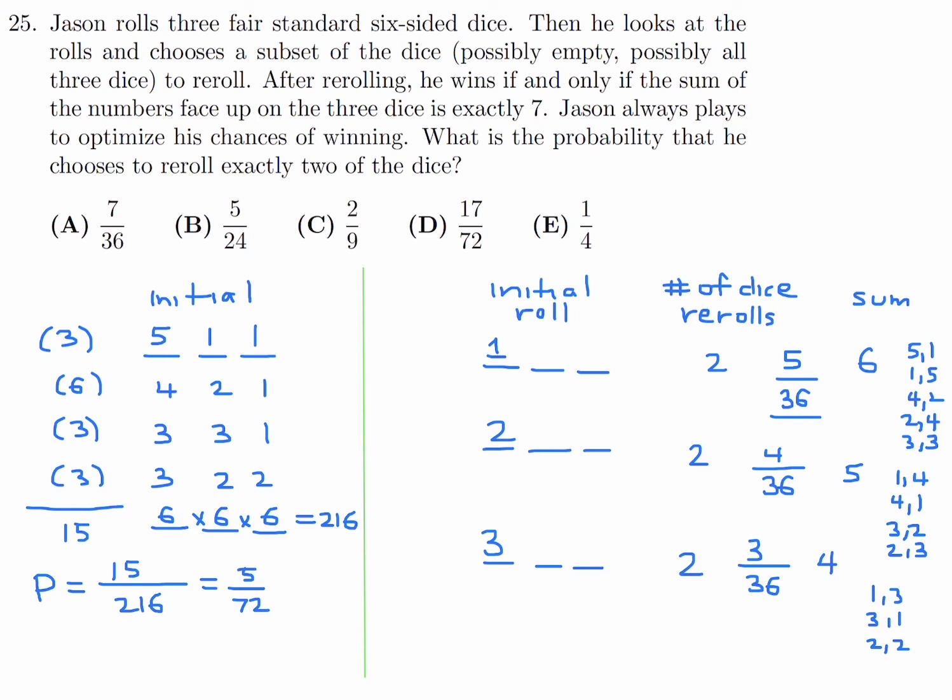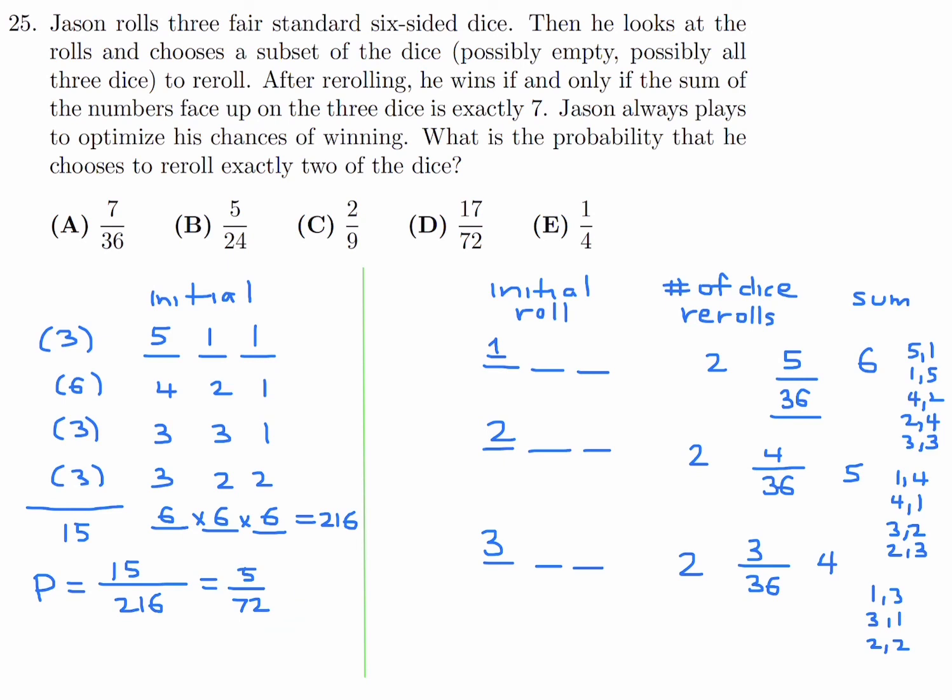If he rolls 3 dice and he doesn't get a 7, he obviously needs to roll again. Now, if he needs to roll at least 2 dice, which is our scenario here, then he re-rolls them only if the probability of winning, which are these probabilities, is greater than this.